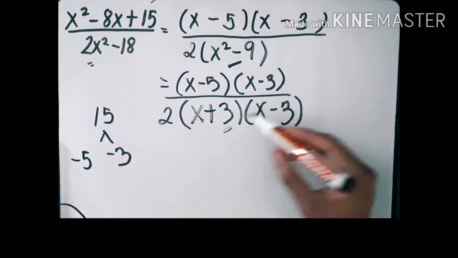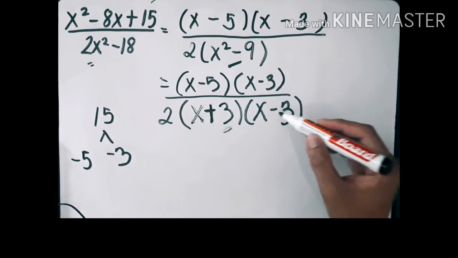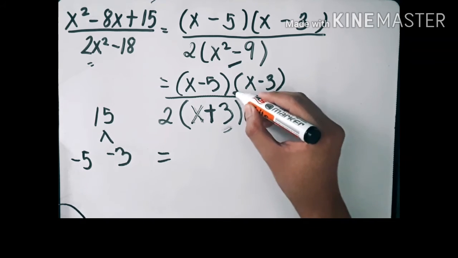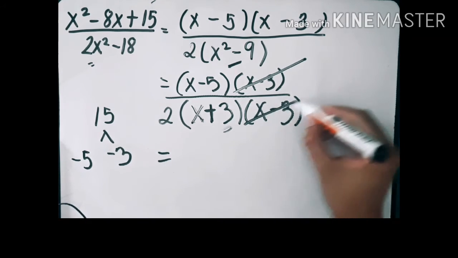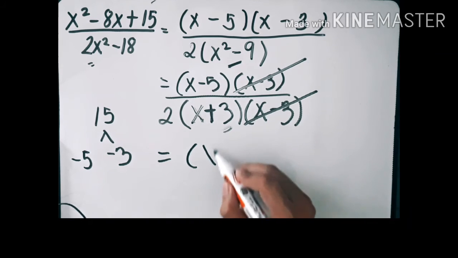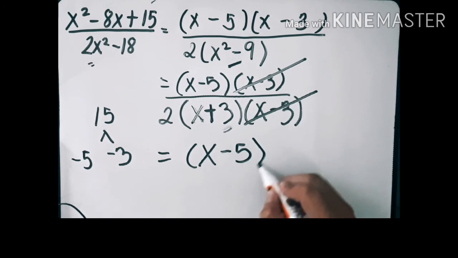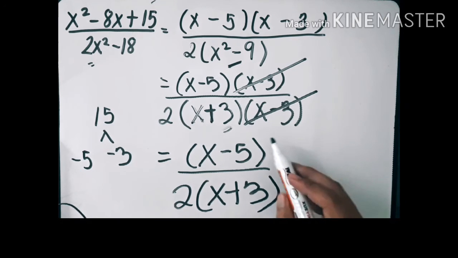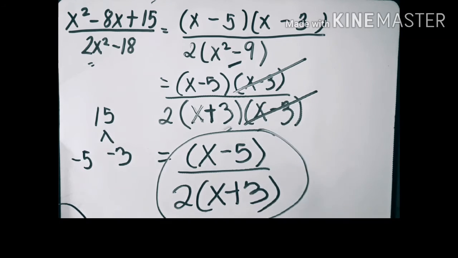Since negative yung sign, yung isa ay positive, yung isa ay negative. Next is cancellation. So remove na natin yung x minus 3 and x minus 3. So ang matitira na lang is x minus 5 over 2 times x plus 3. Okay?